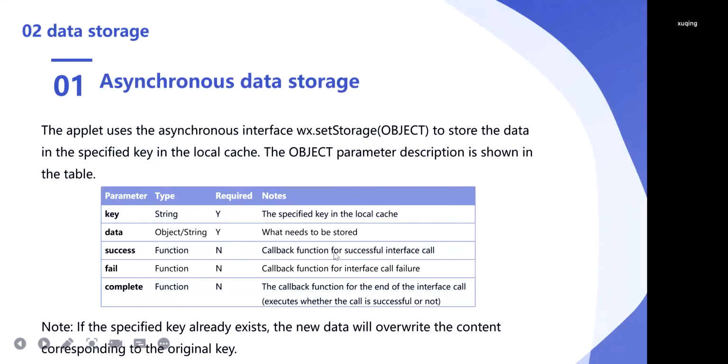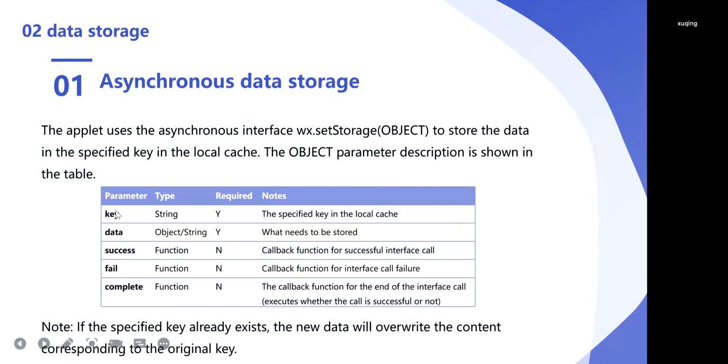Here, the applet uses the asynchronous interface set storage to store the data in the specified key in the local cache. Here we have the description for this object parameter.